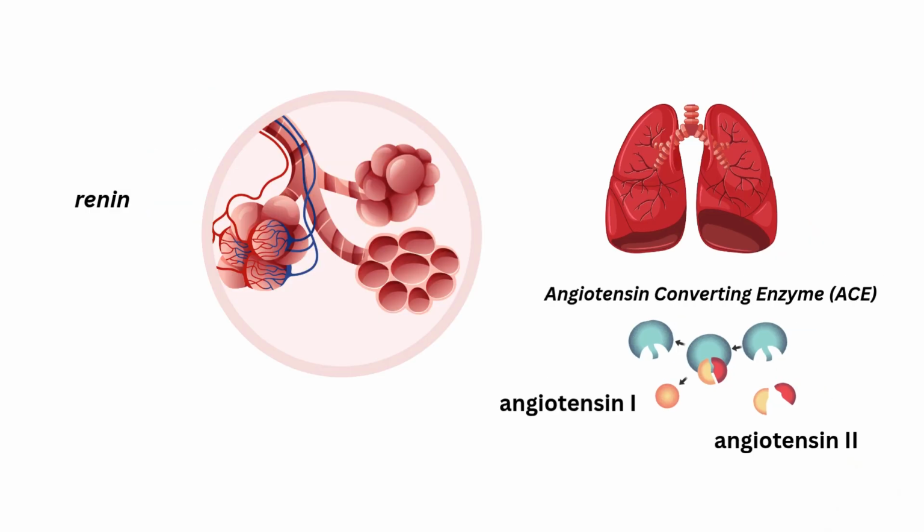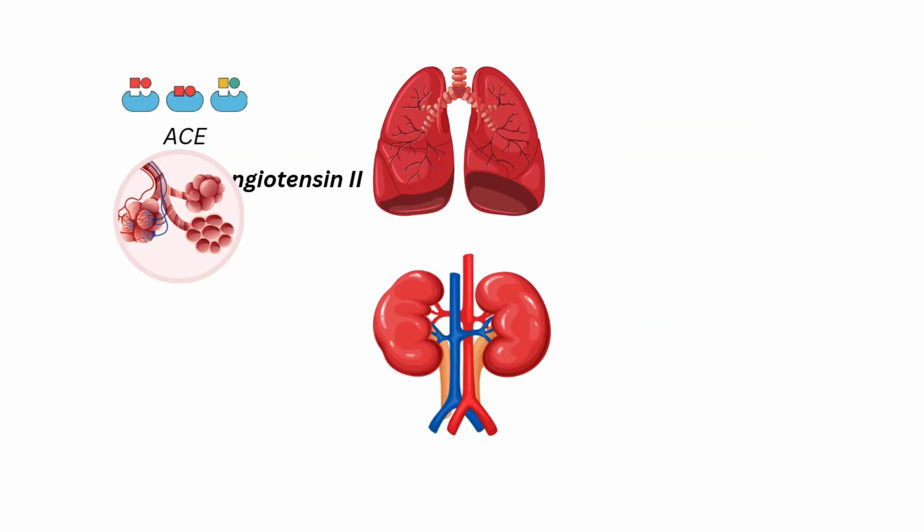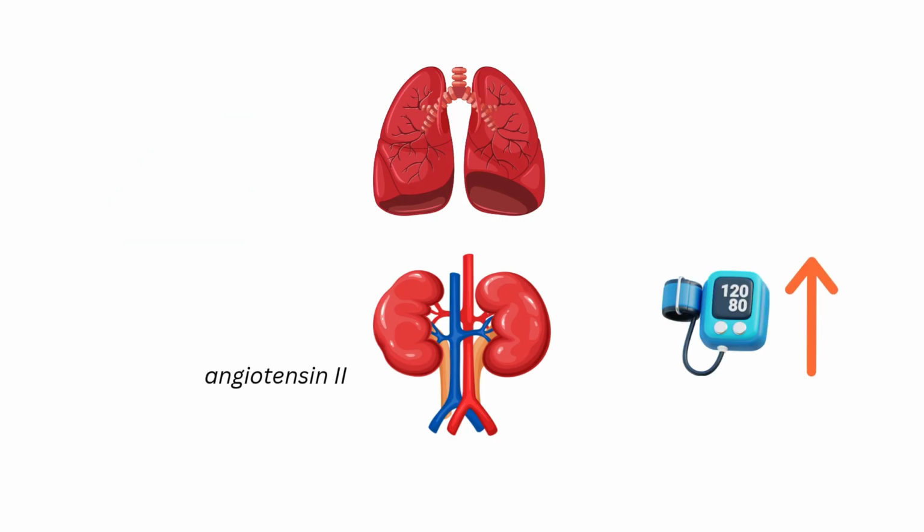In the alveoli, angiotensin 1 is converted to angiotensin 2 by ACE, angiotensin converting enzyme. Angiotensin 2 corrects renal blood flow and sodium reabsorption, causing blood pressure to get back to normal.